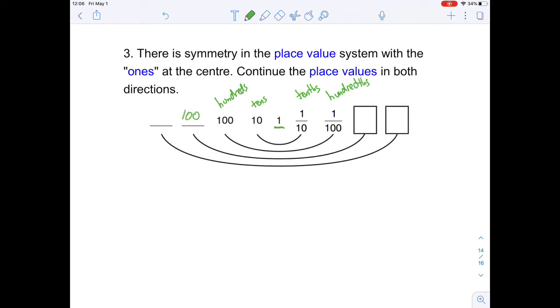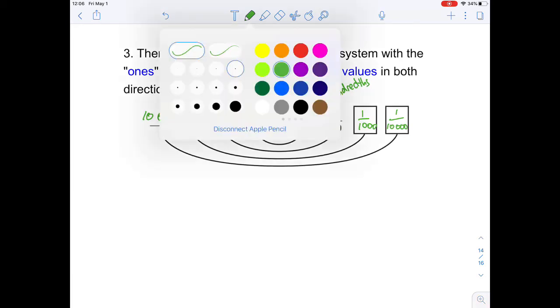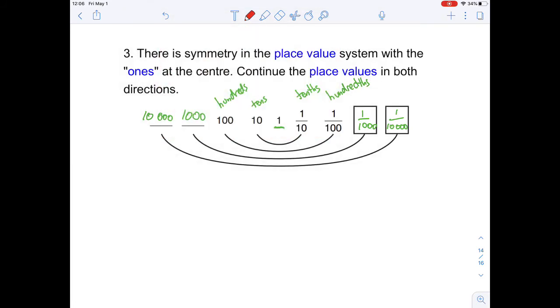Here we would have the thousands, and here the thousandths. So thousandths basically means I take 1 and divide it into 1,000 equal parts. Here we would have 10,000s, and here 10,000ths.